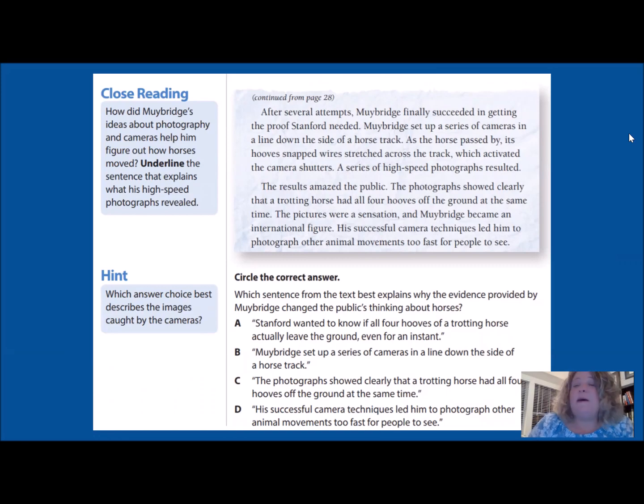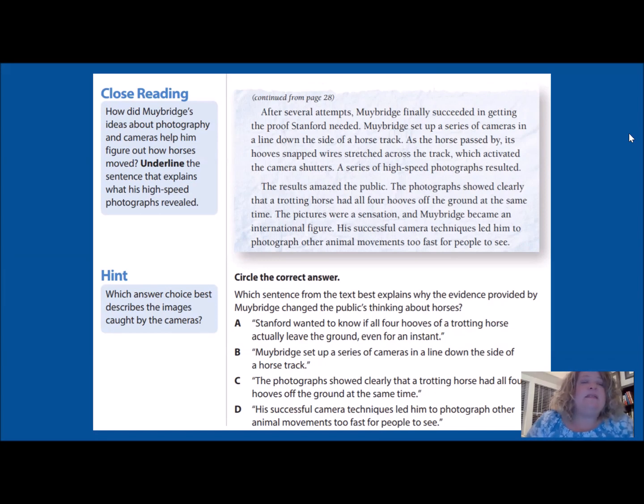The result amazed the public. The photographs showed clearly that a trotting horse had all four hooves off the ground at the same time. The pictures were a sensation, and Muybridge became an international figure. His successful camera techniques led him to photograph other animal movements too fast for people to see.